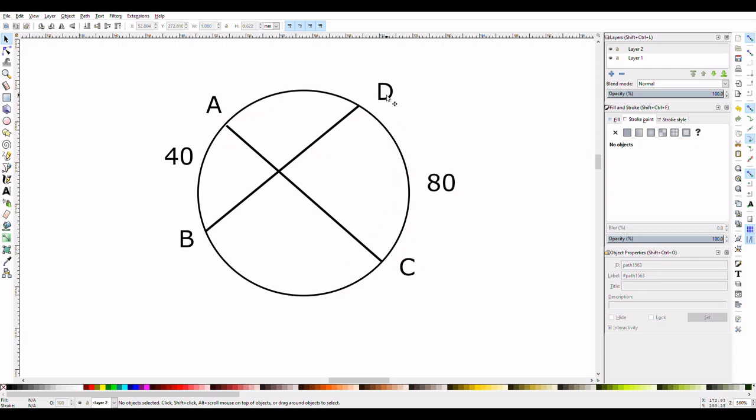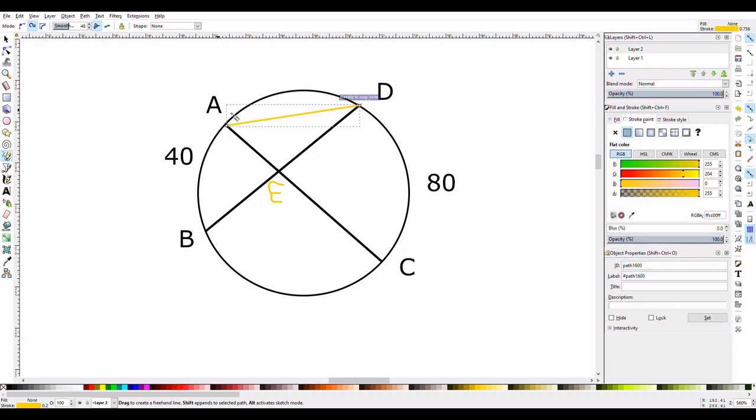We don't know the measure of DEC, here's E, because E is not the origin of the circle. But if I connect A to D, I can find CAD. I know it because I know that arc DC is 80 degrees. So what's angle CAD? It is 40. Good. You guessed it.